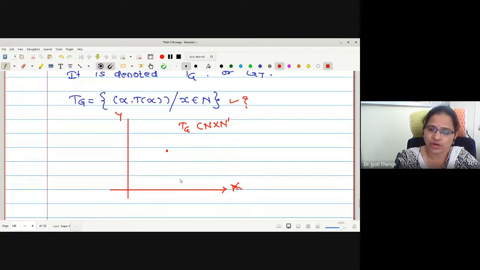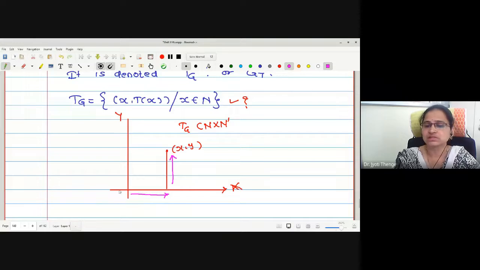Now we are going to find out the distance in this Cartesian product. If I write the coordinates of this point as (x, y), then the distance we calculate is by this route: first we go horizontally, then we reach vertically. Whatever distance is calculated, we assume this as the distance of the point (x, y) from the origin.